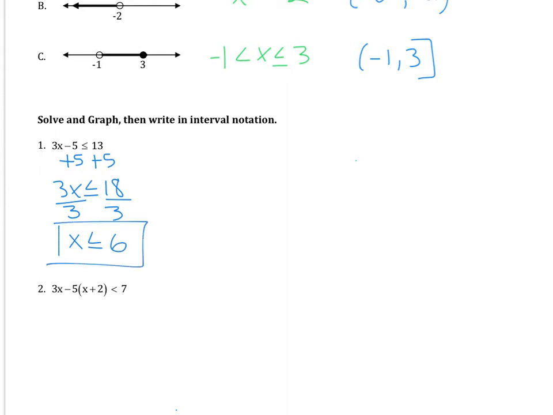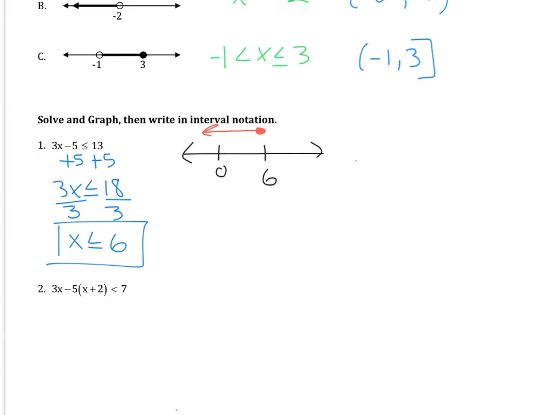Now the graph, when we start this, we're going to start with a number line. Whenever you do a number line graph for me, I'd like you to put on 0 and then the critical number, which in this case is 6. You would graph this with a closed dot at 6 and an arrow going to the left. Now, how we're going to do that now is instead of using the dots, we're going to use parentheses and brackets.